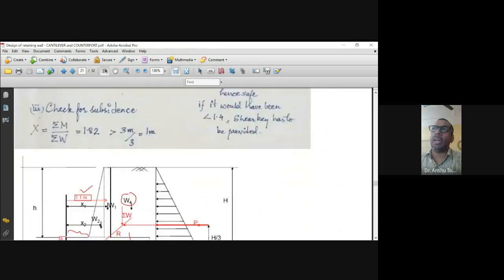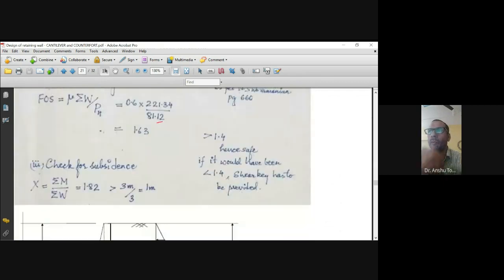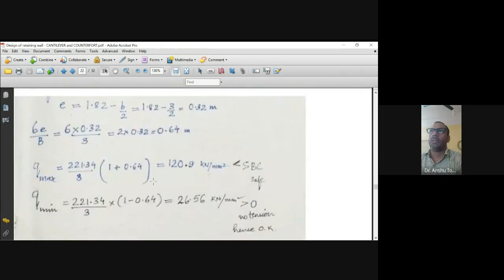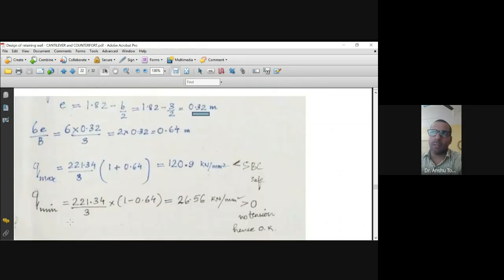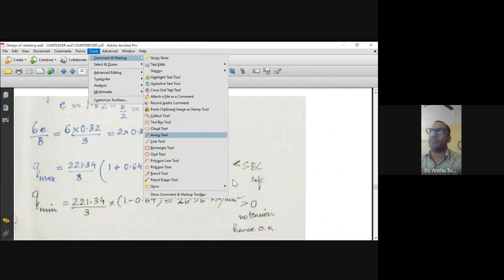So when we calculate this P max and P minimum, this E we have found out to be 0.32 in our question. Putting this E into our formula, this is the formula. These are the main values of our question.